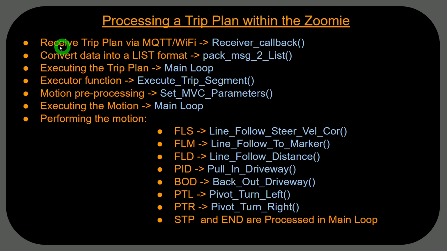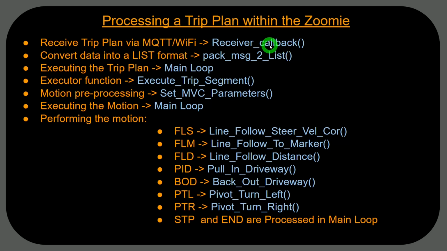For today's episode, these are the different steps all the way through from receiving the trip plan to executing each of the motions. Our first two steps are to first receive the trip plan via MQTT / Wi-Fi, and then the function receiver callback processes that incoming data.